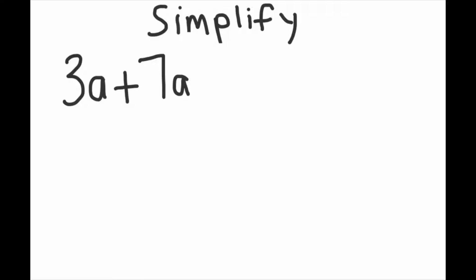One of the things that we also remember, if the base is the same, meaning if you see an a there and an a there, then you can almost treat it as, let's say, apples. 3 apples plus 7 apples. 3 bananas plus 7 bananas. Doesn't matter what object you want to use. But if you do that, then you can just have a and 3 plus 7 is 10.